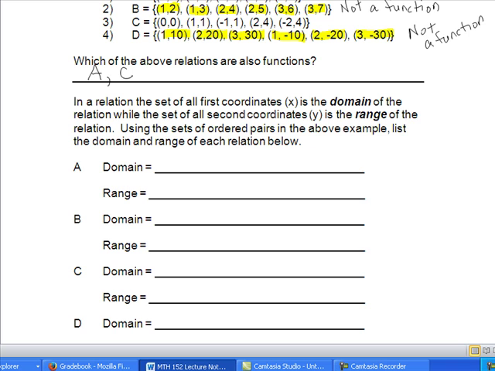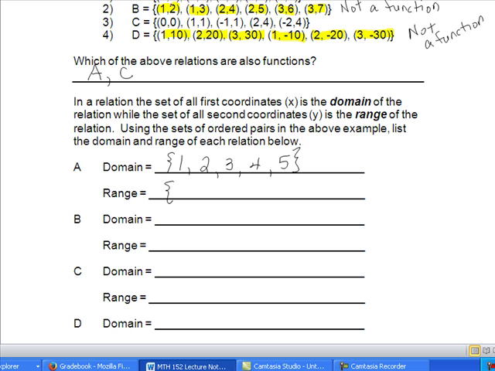The domain of relation number 1, which is also a function, would be 1, 2, 3, 4, 5. We just want to list all the x coordinates. The range will be all of the y coordinates, which would also be 1, 2, 3, 4, and 5.